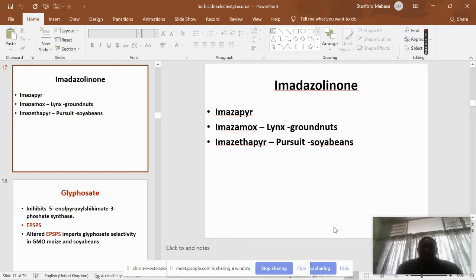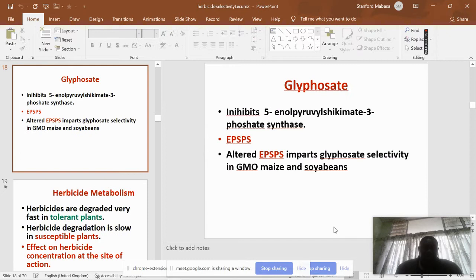Imazethapyr or pesut can be used in soybeans. It means the soybeans do not possess the enzyme which binds to pesut. So these are the imidazolinone herbicides. So we are talking about herbicides which can be influenced by the enzymes found within the plants, within the crops and weeds, which can account for selectivity.